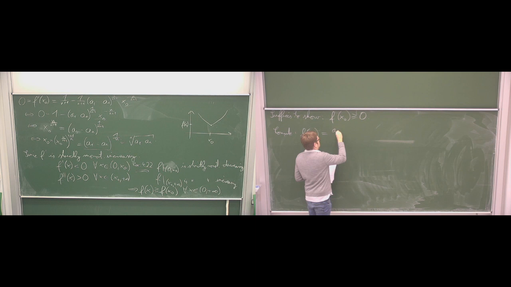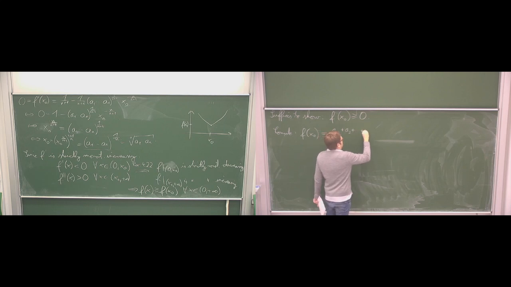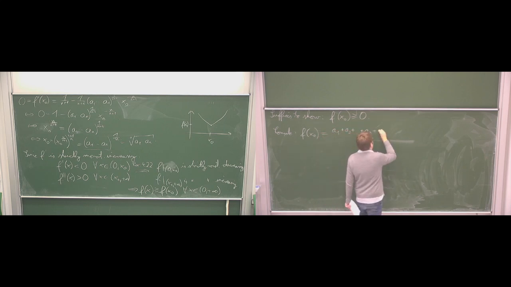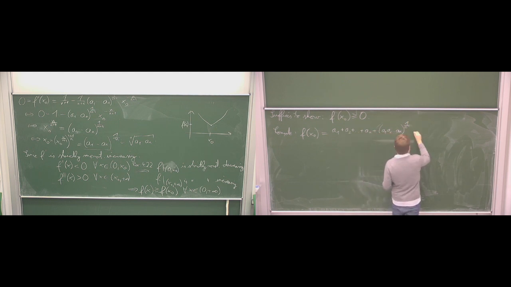So by this value of x0, just inserting this into the function, by definition of the function, we first write this down explicitly. So we have the sum of a1 to an, and then as the final summand, we have a1 a2 an to the power of 1 over n, minus a1 to an to the power of 1 over n plus 1.